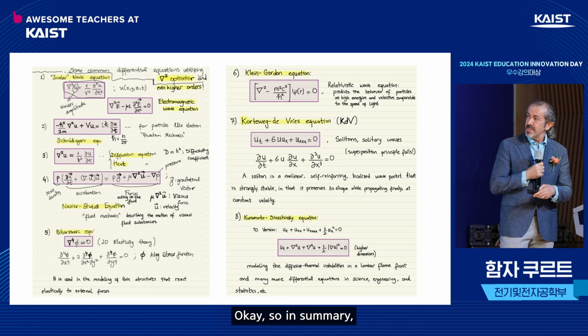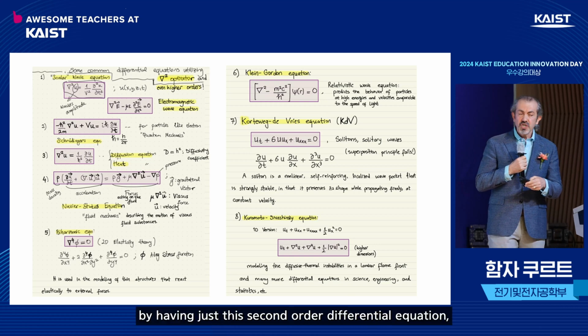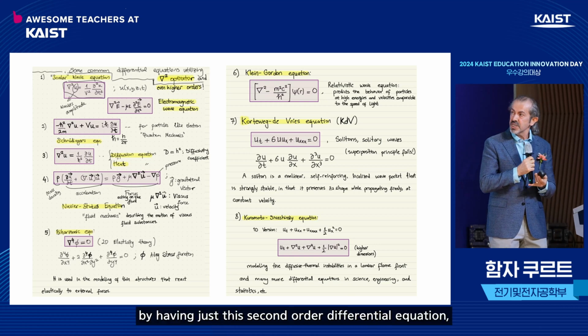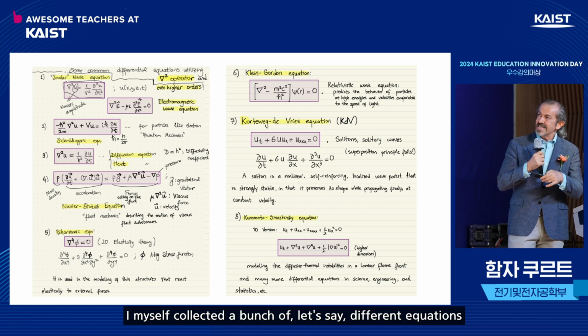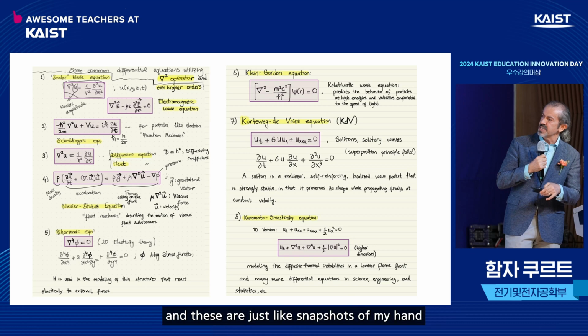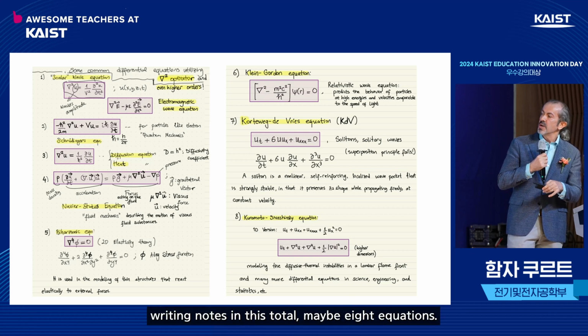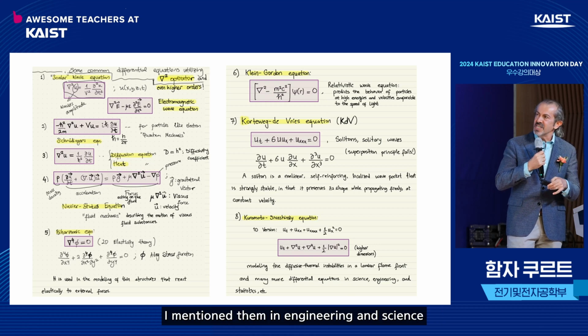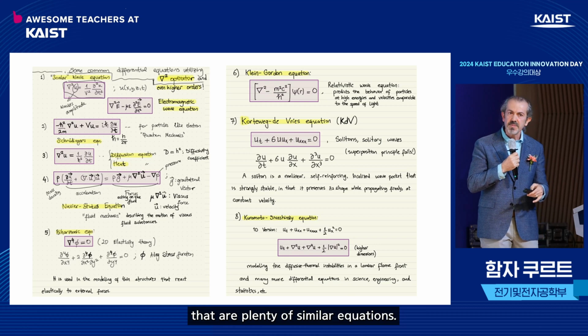In summary, by having just this second order differential equation, I collected a bunch of different equations, and these are snapshots of my handwritten notes. In these total maybe 8 equations, I mention that in engineering and science there are plenty of similar equations.